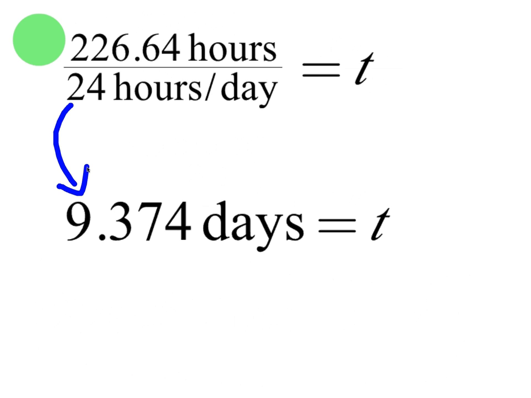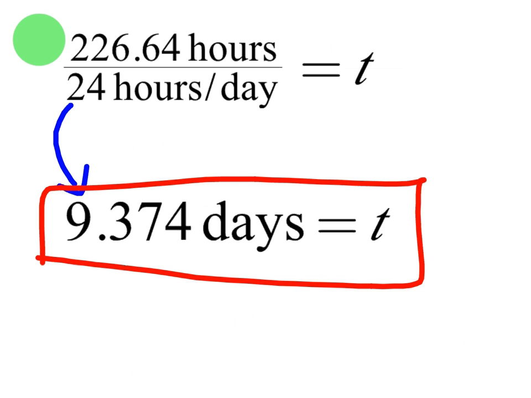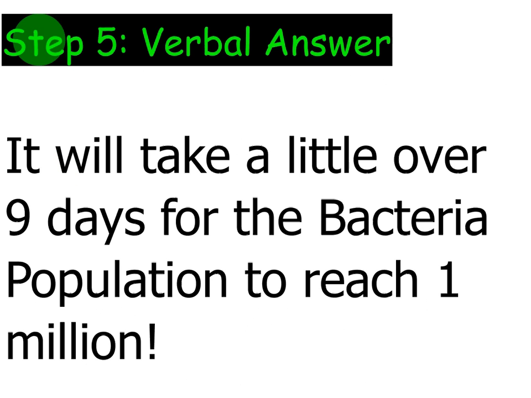We end up with a mere 9.374 days for it to go from 2,200 to 1 million bacteria. Answering this verbally, it will take a little over 9 days, again that's our t-value, for the bacteria population to reach 1 million.